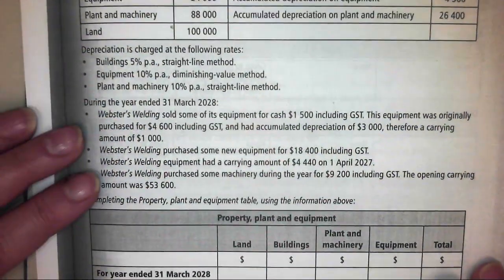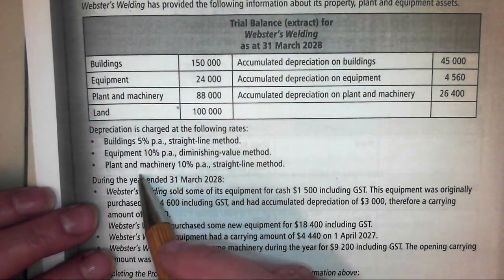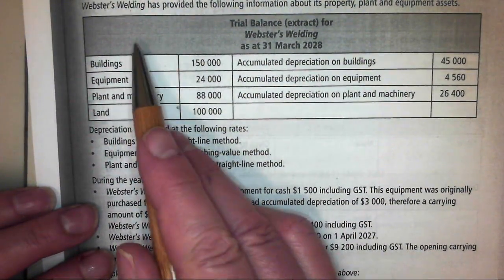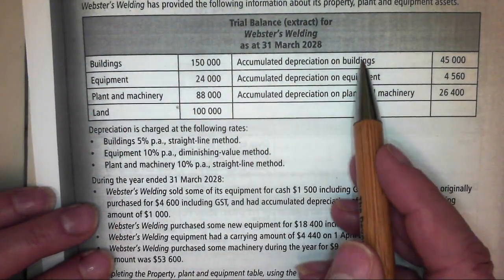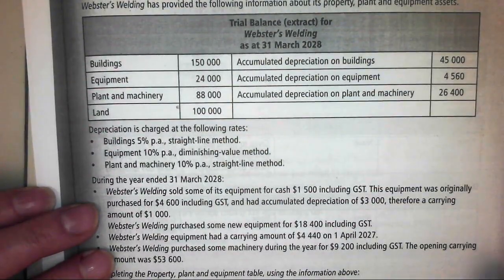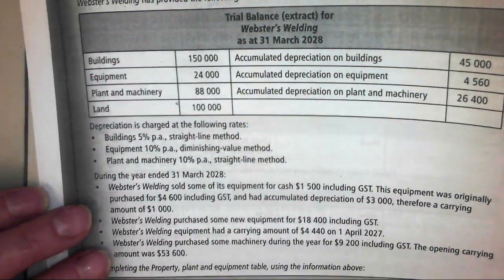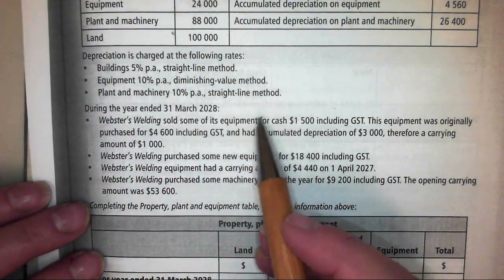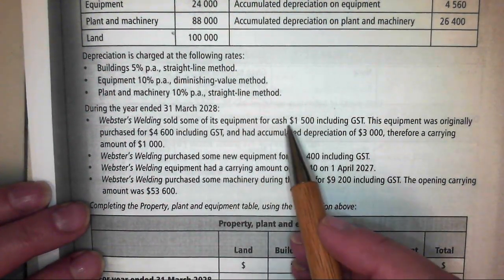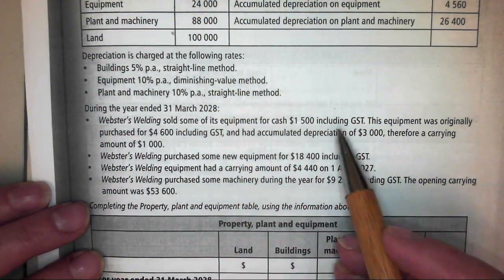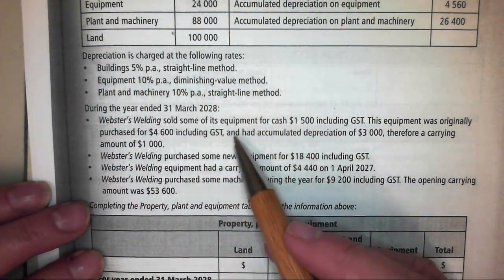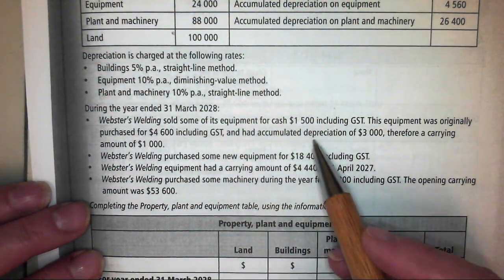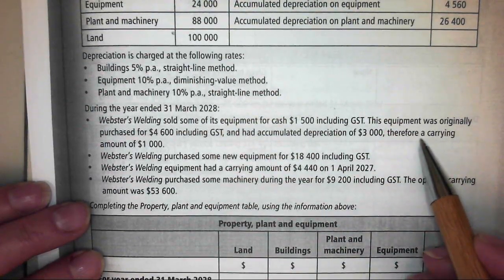So let's just have a quick look at this here. So for example, it tells you how to work out your depreciation. You put in your depreciation charges and adjust your accumulated depreciation values accordingly. It also will give you some other information here. For example, it's sold some equipment, so we know we're talking about the equipment items, and it says the equipment was originally purchased for that, accumulated that, therefore a carrying value.